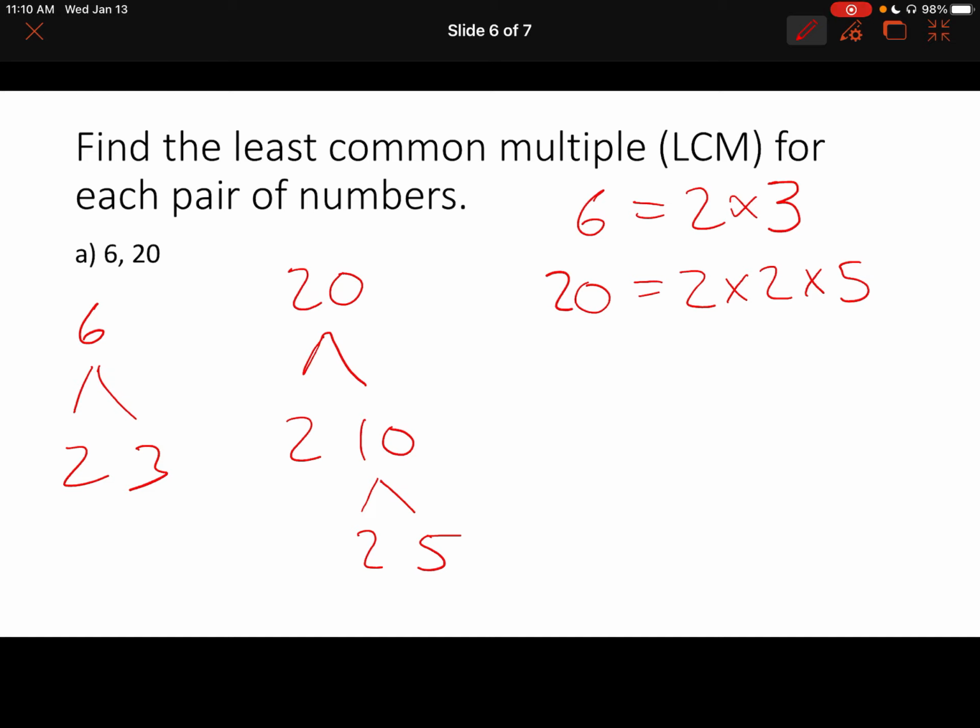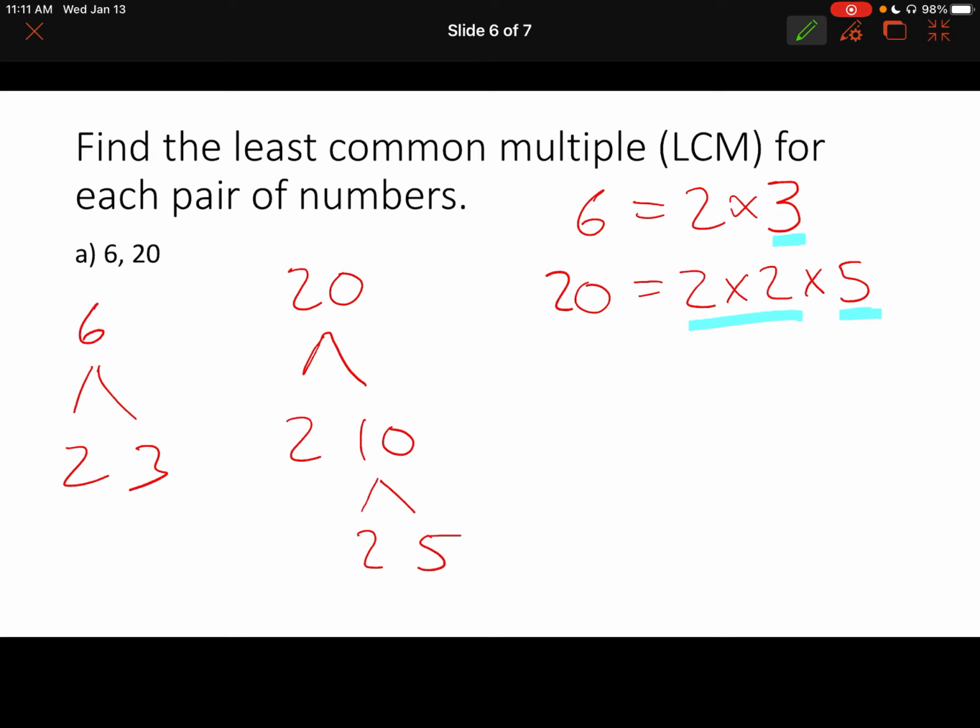So here we have 3 occurs once, and we have 5 occurs once, and in this one, 2 occurs twice. Yes, 2 is a factor of 6, but there are 2 2's that are factors of 20.